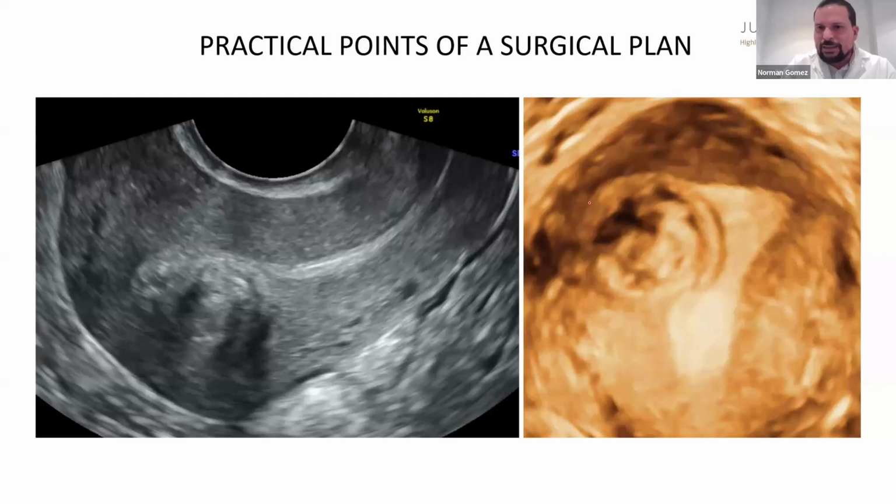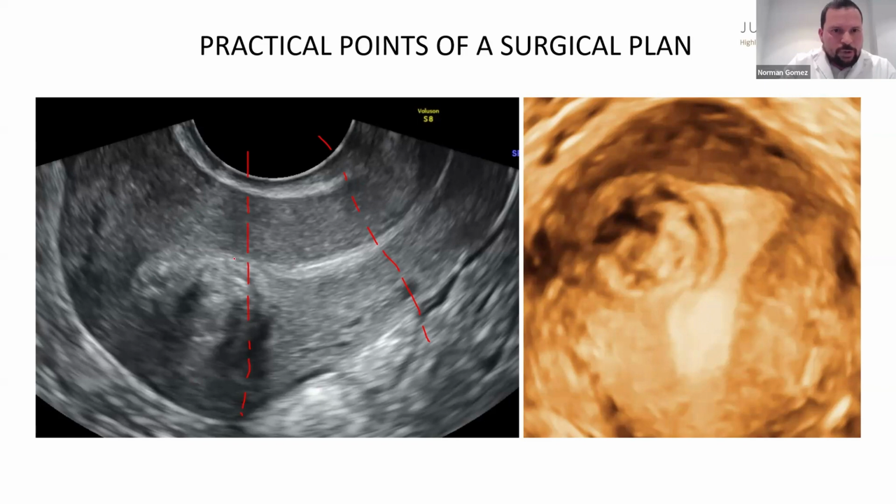It's not always necessary to have 3D ultrasound, because with the image in 2D planes, we can study the situation very well. Here, for example, I normally take into account the height of the lesion. I normally divide the uterus into 3 parts. In this particular case, the myoma is in the superior third of the uterus.